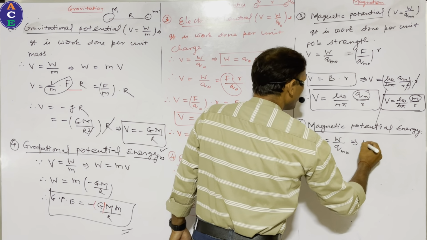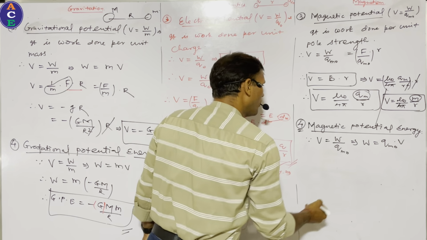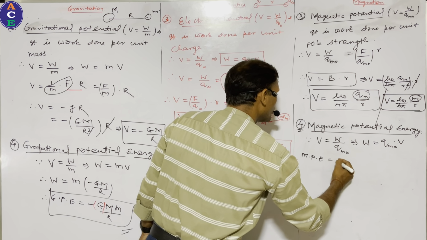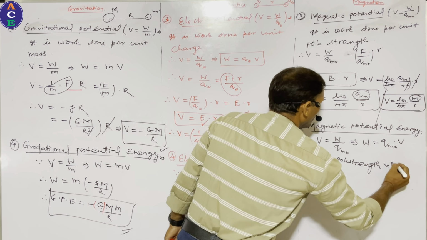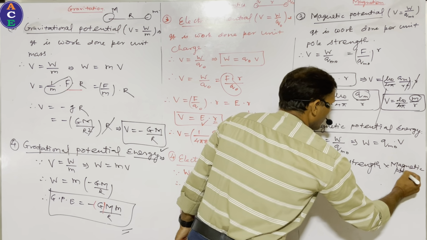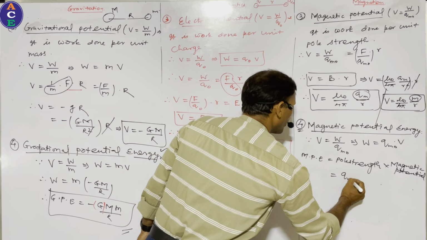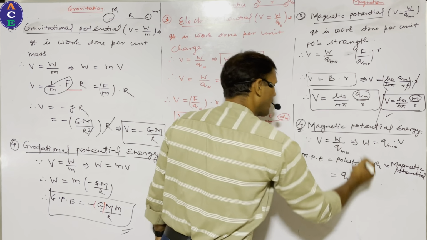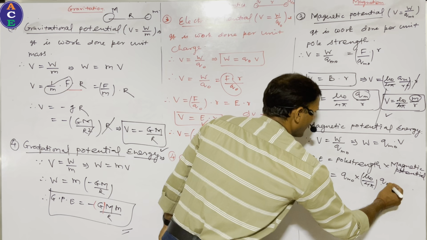So W will be Qm naught into V, and we know the formula. So we can write: magnetic potential energy is equals to pole strength into magnetic potential V. And we know the formula: pole strength Qm naught into magnetic potential, which we can write as mu naught by 4 pi Qm by R.